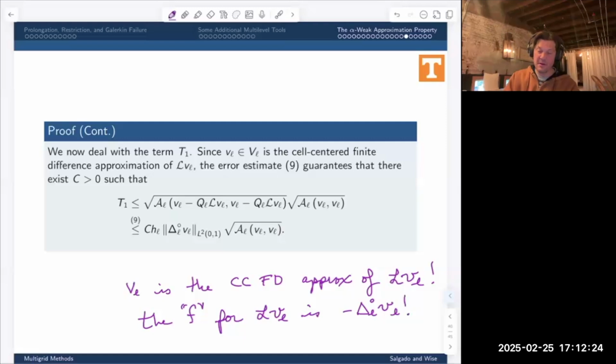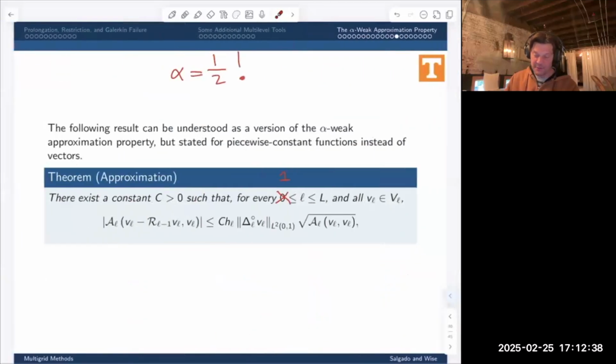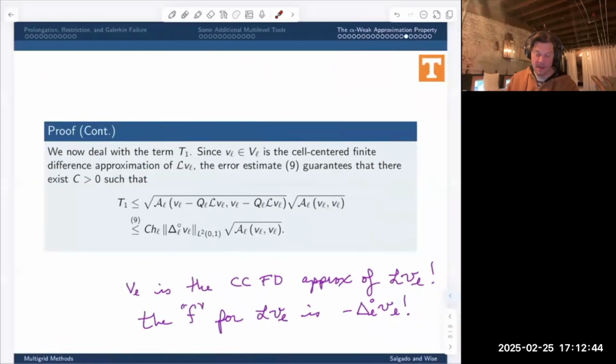Those are the two facts that you have to use to get that guy. That's just from our error approximation 9. This guy doesn't change. Now, for T1, we're done. For T1, we get exactly what we wanted. Does everyone see that? For T1, we're done.